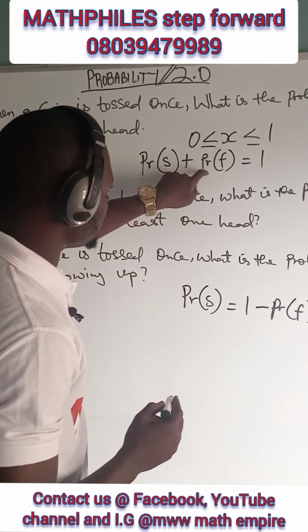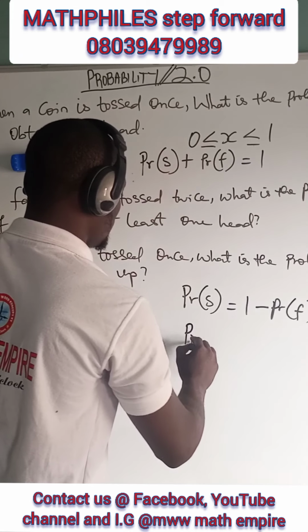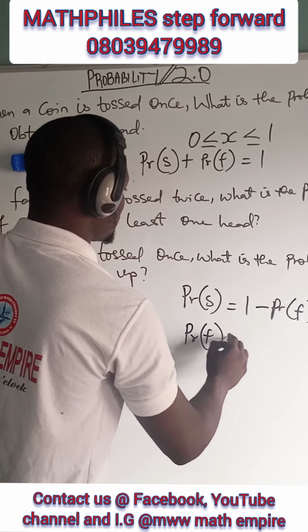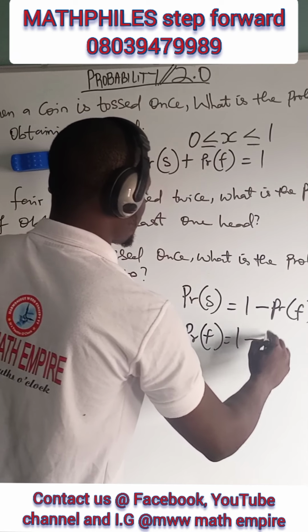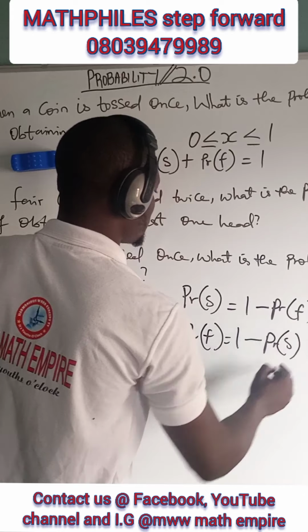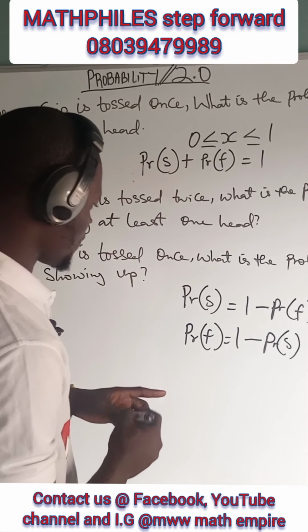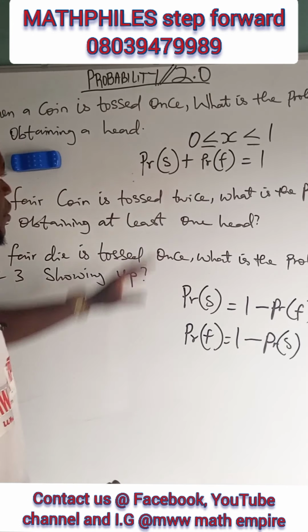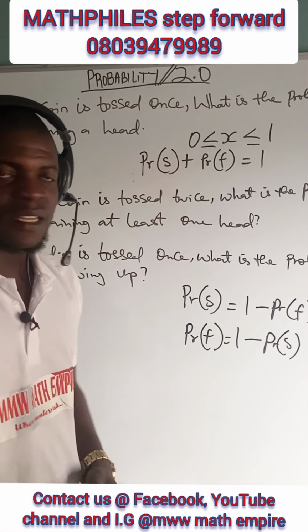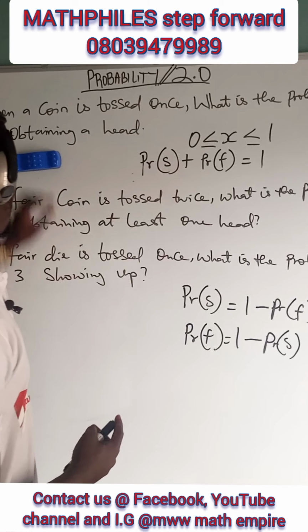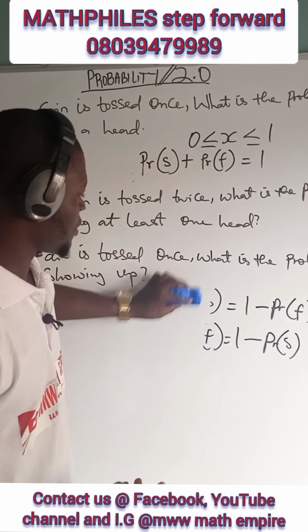If I make the probability of failure the subject, it equals 1 minus the probability of obtaining a success. This is something you really need to know before I proceed to today's events.